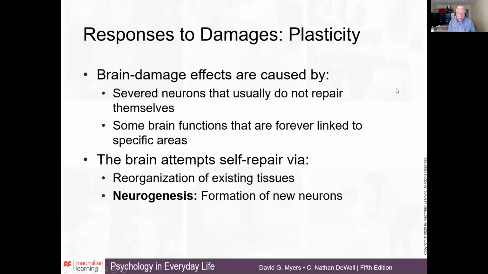We started out our discussion of this chapter looking at the idea of plasticity, I'd like to return to it again just for a moment. Looking at this phenomenon where brain damage sometimes is compensated for by the brain when surrounding neurons that are not damaged form new connections that help to at least in part result in some restoration of function that may have been lost because of the damage.